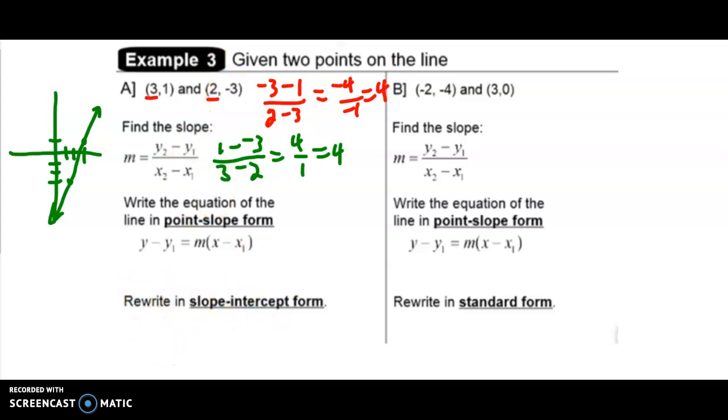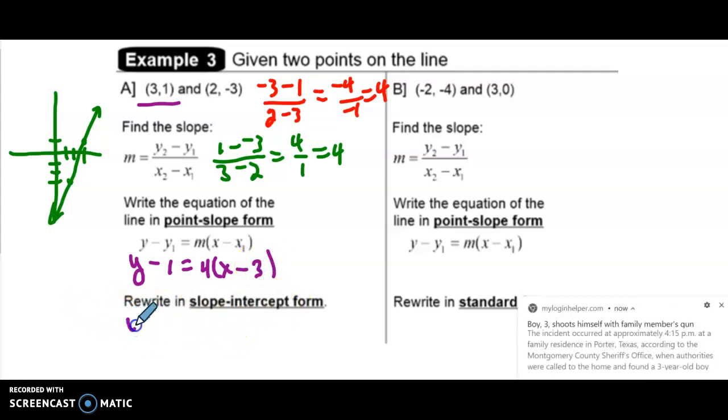Now we pick a point. And like I showed you on the last slide, it doesn't matter which point we pick. I'm going to pick (3, 1), and I'm going to use my point-slope form. I'm going to take y minus the y coordinate, which is 1, equals slope, which I just got as 4, times x minus the x coordinate that goes with 1, which is 3.